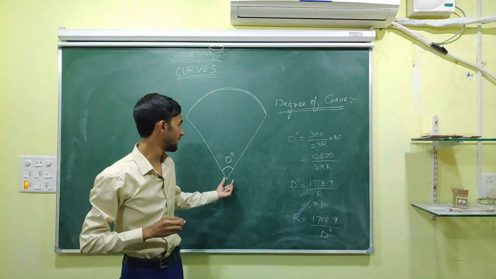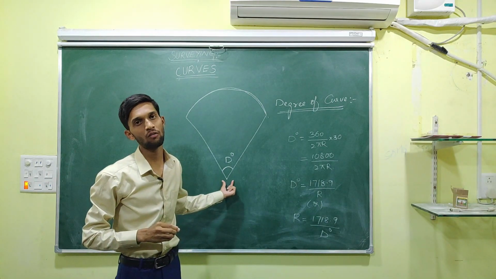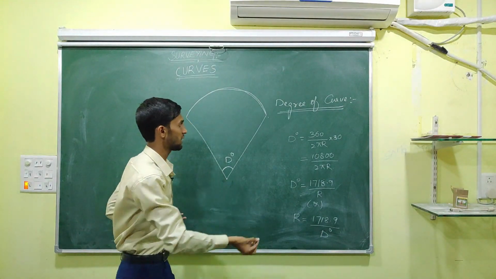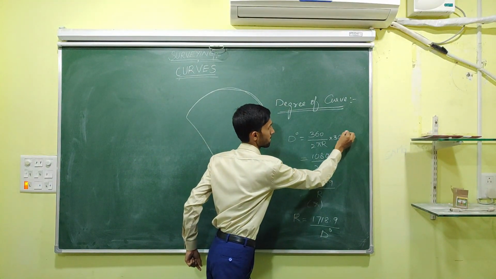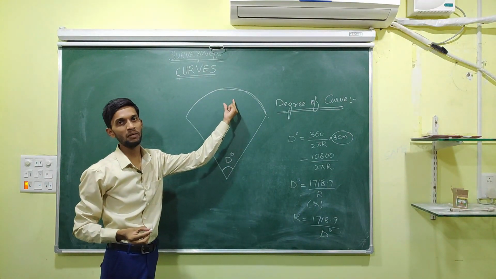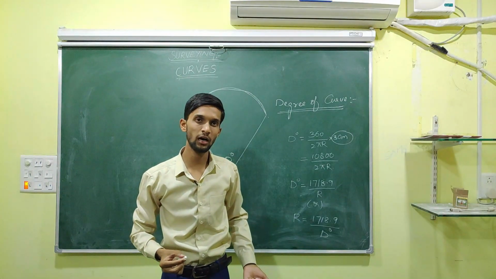This is called the degree of the curve. What is the angle subtended at the center of an arc of how much length? 30 meter length. If we are taking the arc length as 30 meters, then that is called a fixed length of an arc.